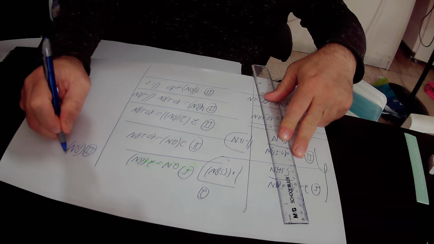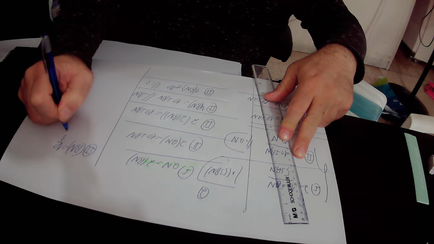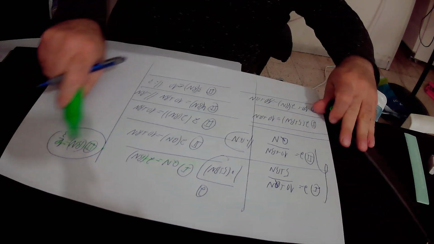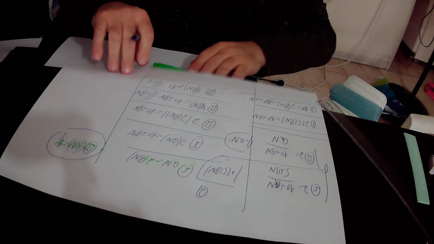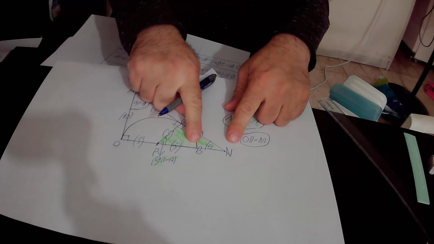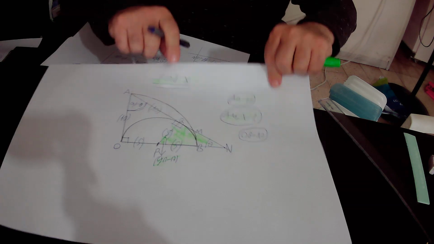BN equals 10 over 3 units in its length, according to equation number 2. So here we write down that this line segment BN equals 10 over 3 units in its length.